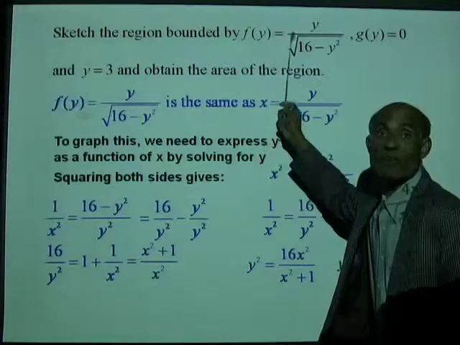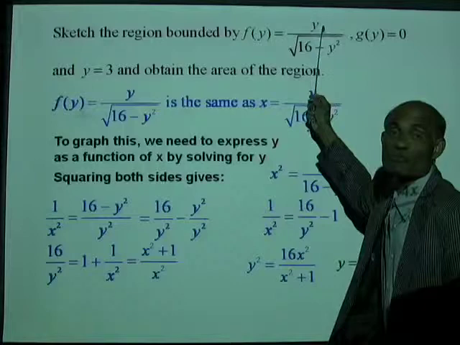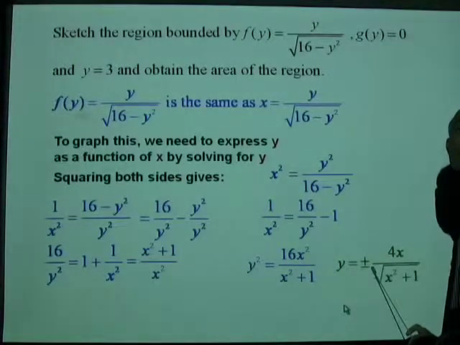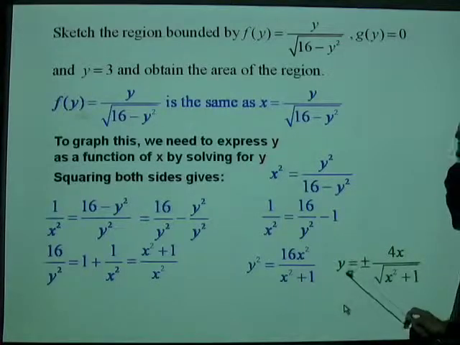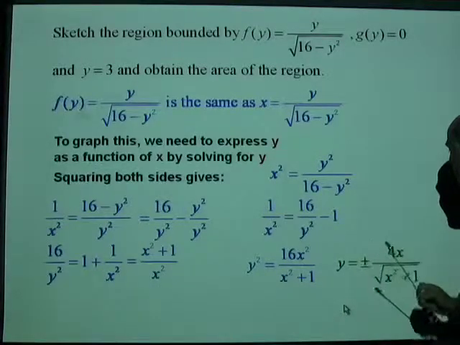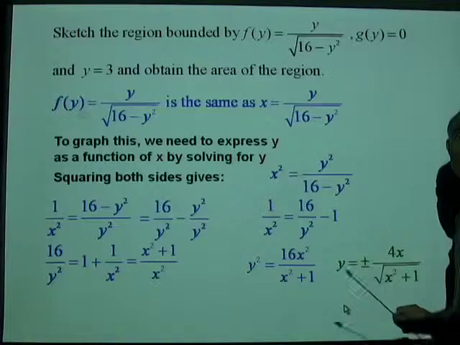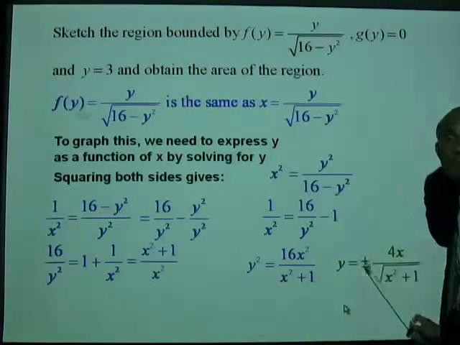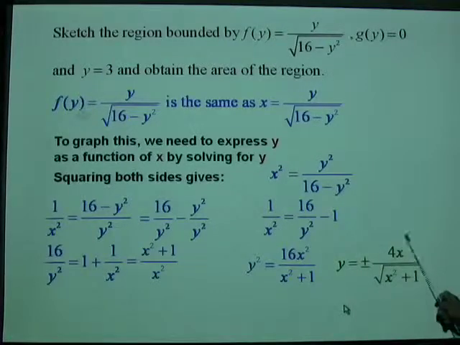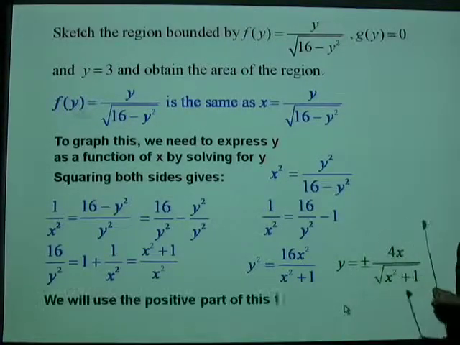Now, since f of y is given as a positive quantity, we need only the positive value here. So, the positive value is y equal to 4x over square root x squared plus 1. In other words, the graph of this function is the same as the graph of the positive part of this function.